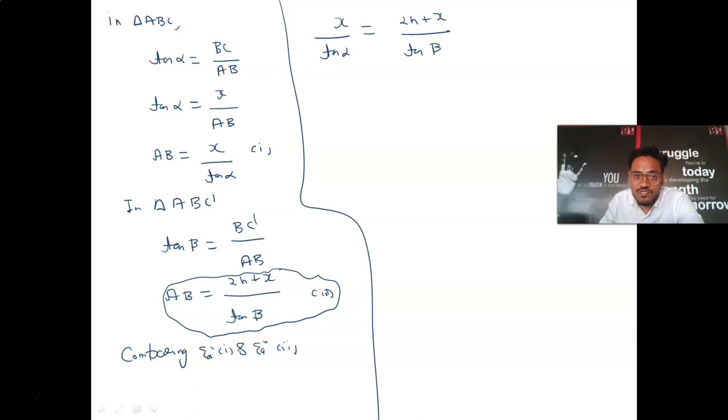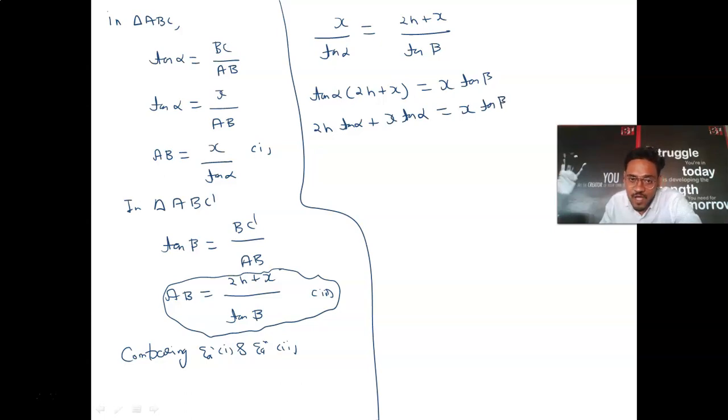Clear? Now if I cross multiply, I would get tan alpha multiplying with 2H plus X and tan beta multiplying with X. So if I further simplify this, I will be getting 2H tan alpha plus X tan alpha is equal to X tan beta.